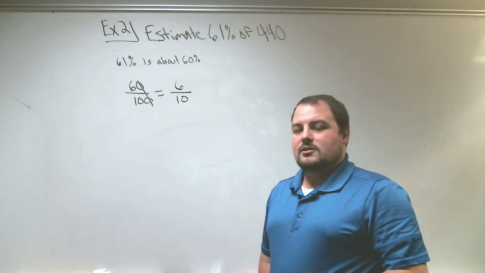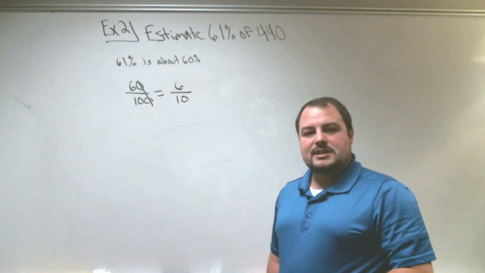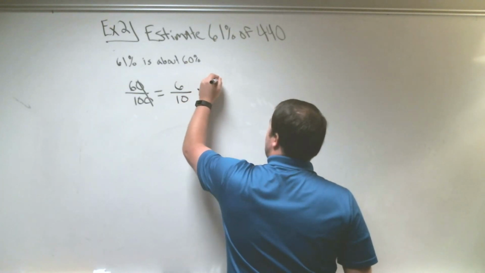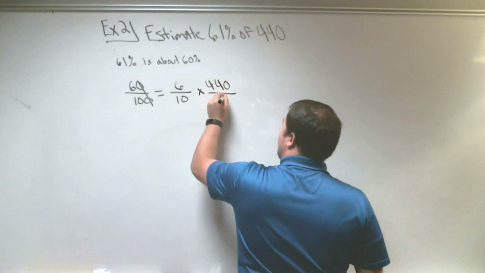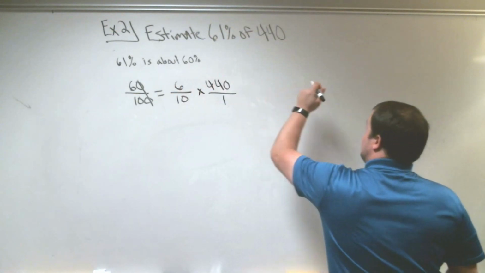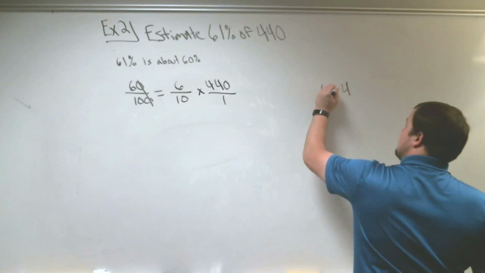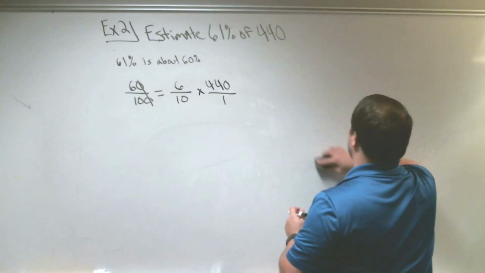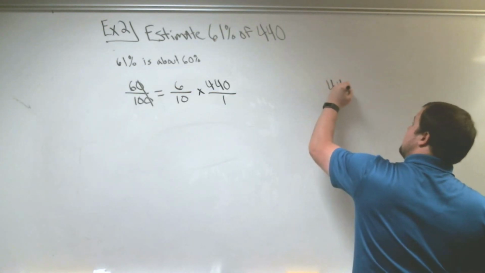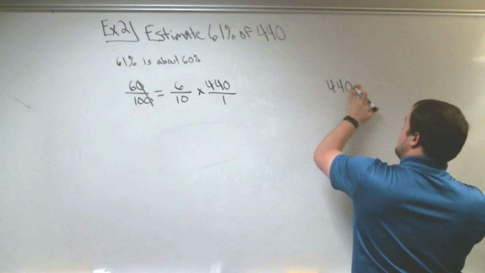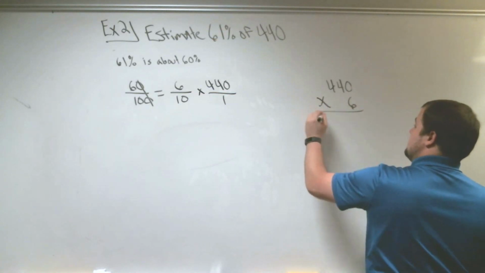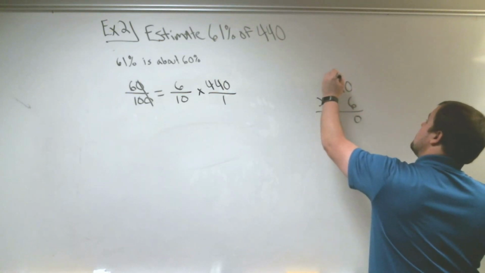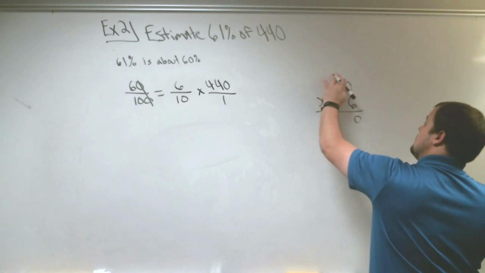I don't really mind the number 440. I could maybe make it easier to work with, but 440 is an okay number. So I'm going to multiply by 440 over 1. I'm going to do the multiplication of 6 times 440 the old-fashioned way. 6 times 0, that's 0. 6 times 4, that's 24.